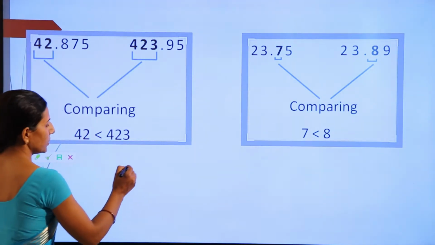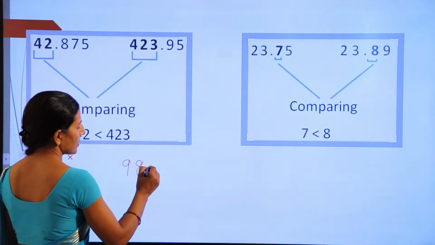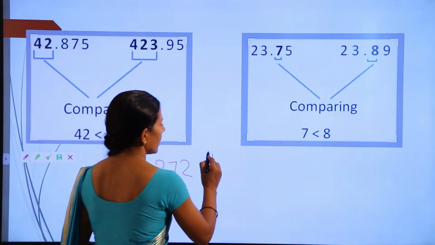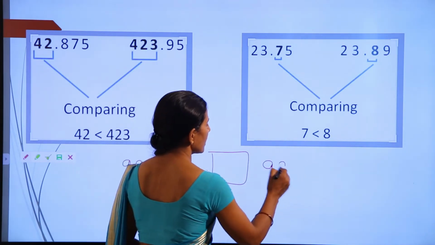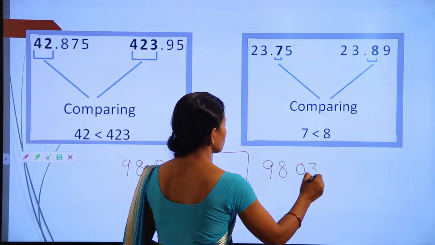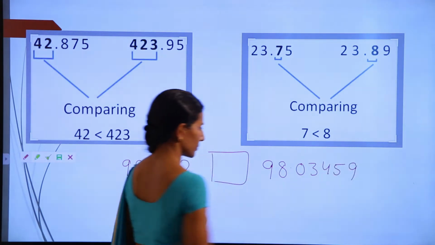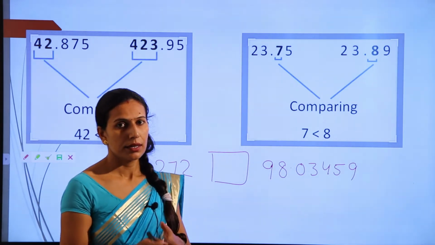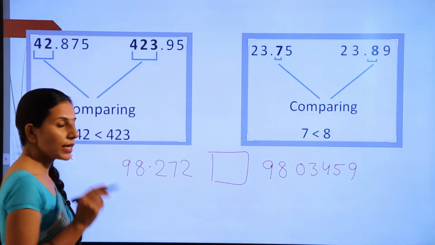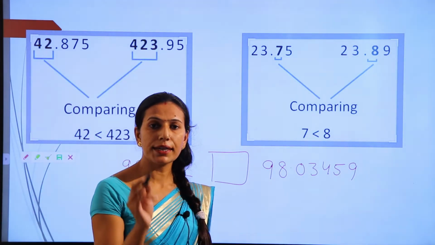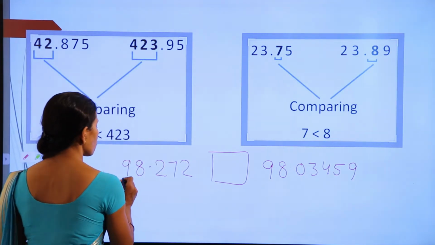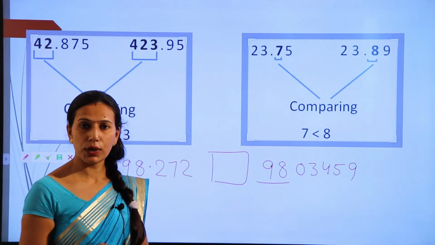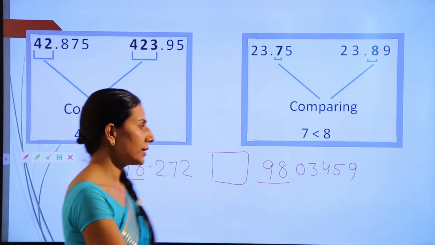As we have a number 98.272, and the other number is 98.03459. When you see the number, you will say that this number is greater, right? You say this, but we will compare by the places. So first of all we will compare the whole numbers. Whole numbers are equal here. So we will compare the next place.